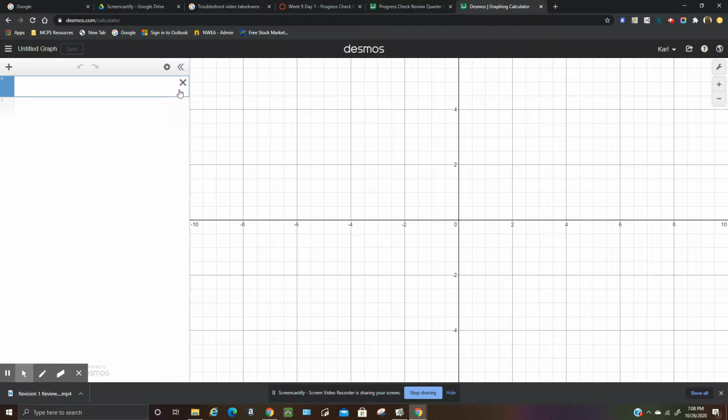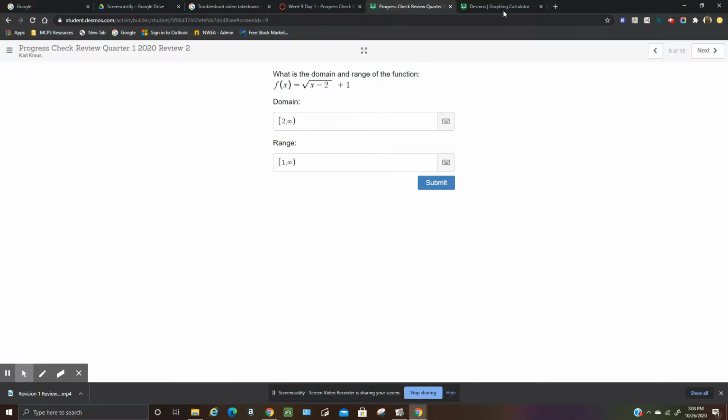And then f of x equals square root of x minus 2 plus 1.